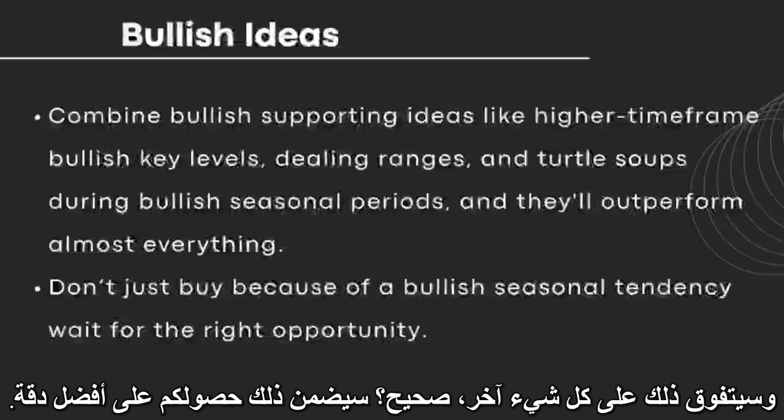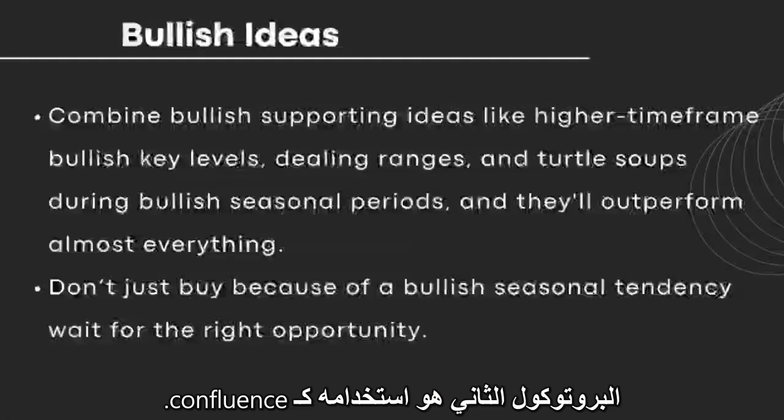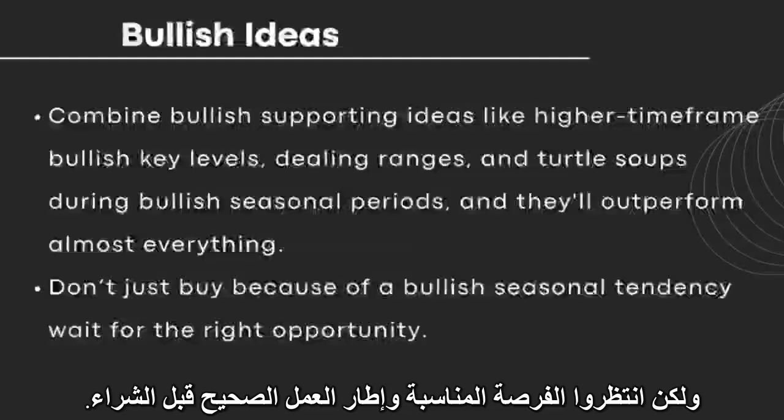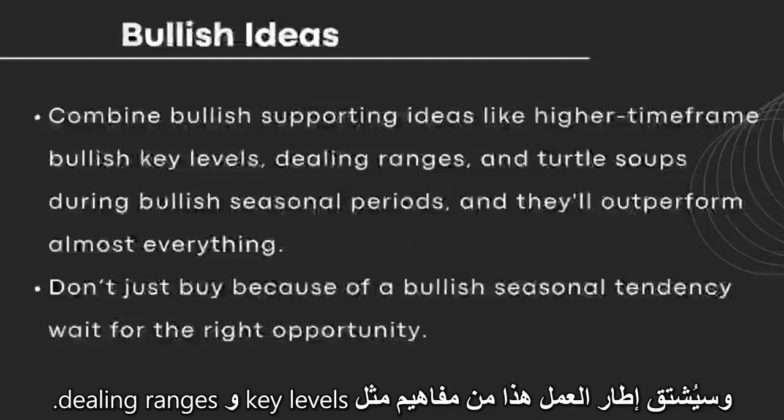That will make sure you have the best accuracy. The second protocol is to use it as a confluence, right? Don't just buy because there is a bullish seasonality, but instead wait for the right opportunity and framework before buying, and that framework will be derived from concepts like key levels, dealing ranges, and so on.